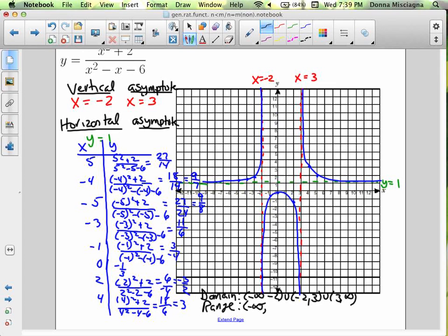I'm not 100% sure that is the absolute maximum, so I'm just going to put a parenthesis here. I guess we could put a bracket, because it does go through negative 1/3. This one is not as symmetric as that other graph. And I don't know why there's like a random line here. So it does go through it, so we'll put the bracket there. But the other graph was so symmetric. This one is symmetric, but not as symmetric. And then it picks up again at the horizontal asymptote, 1 to infinity.